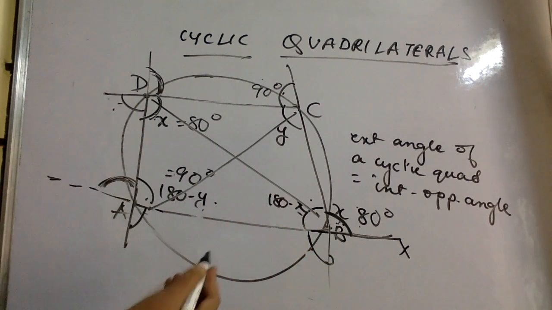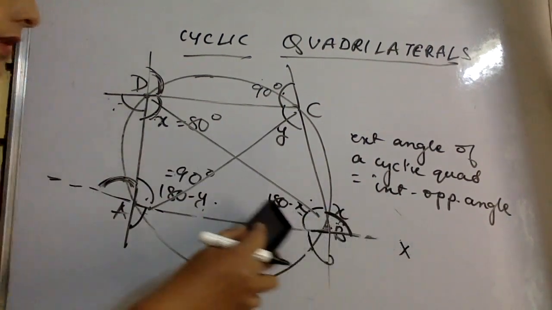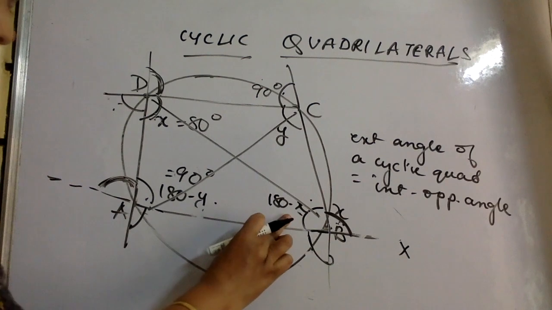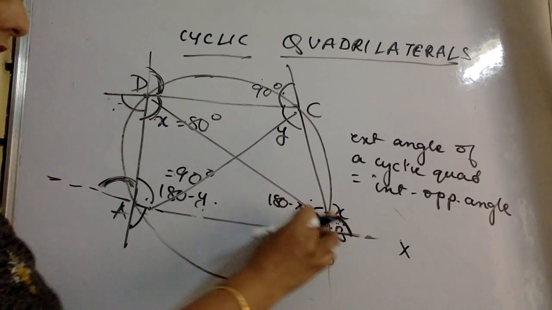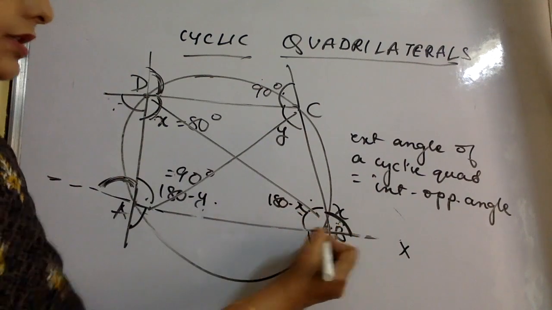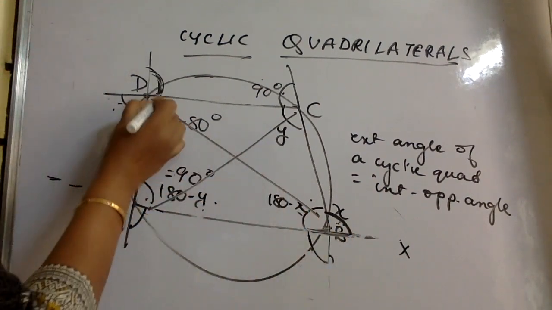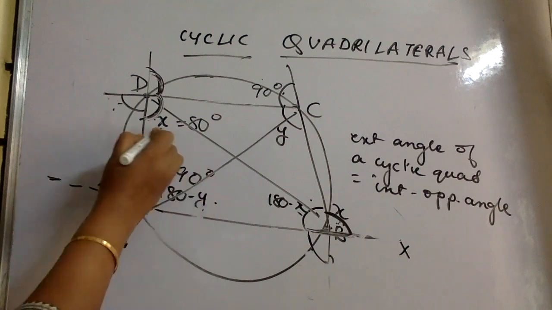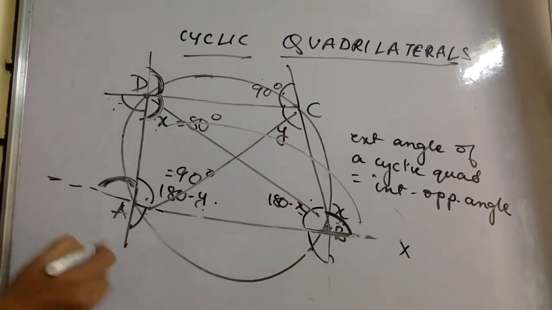It's very easy to prove also. Supposing this interior angle is 180 minus x, and this is x, due to linear pair this is x, and this angle is x due to supplementary pair. Finally these two are equal.